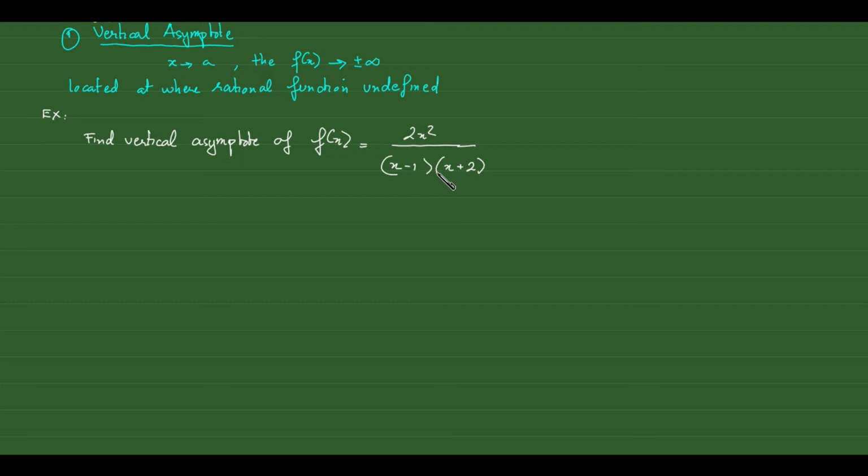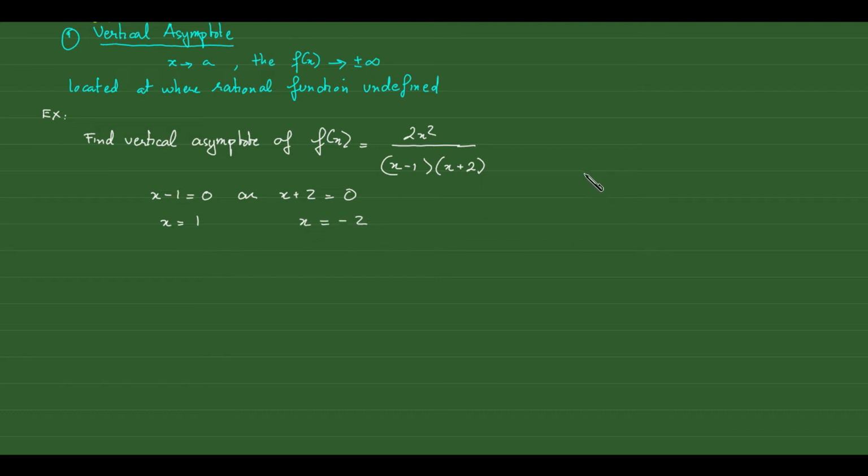We set the denominator equal to 0 because this is a vertical asymptote, so we have to find the equation for that line. So the vertical asymptotes have equations x equal 1 and x equal minus 2.